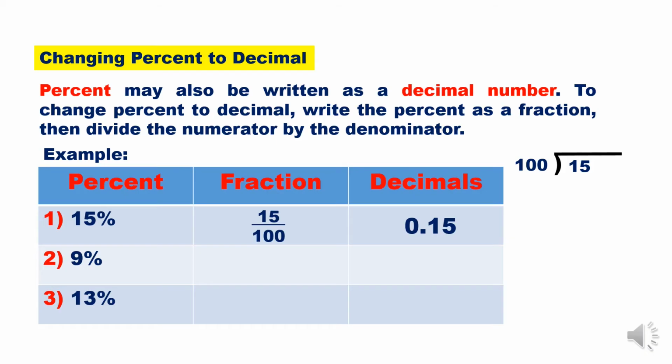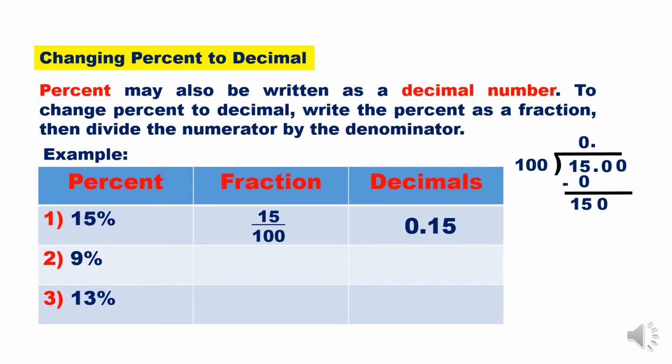15 divided by 100 cannot be. Lagyan ng decimal point, then 2 zeros. Then, taas ang decimal point. Now, let us divide like whole numbers. So, 15 divided by 100, 0. 0 times 100 equals 0. 15 minus 0 equals 15.